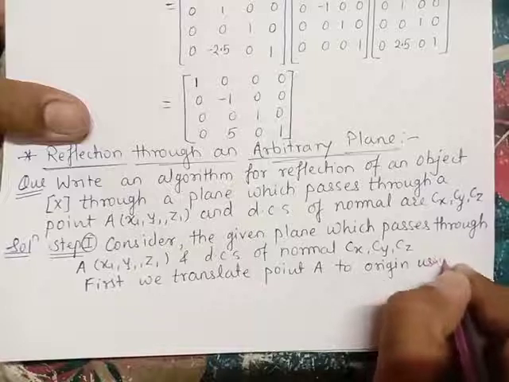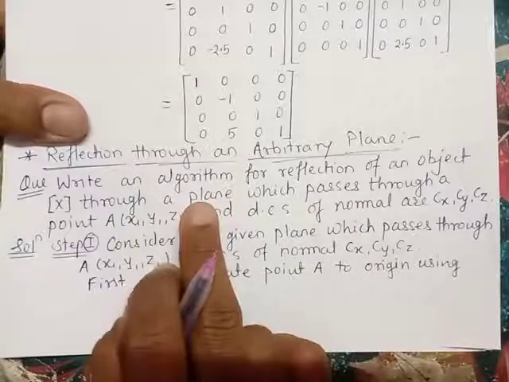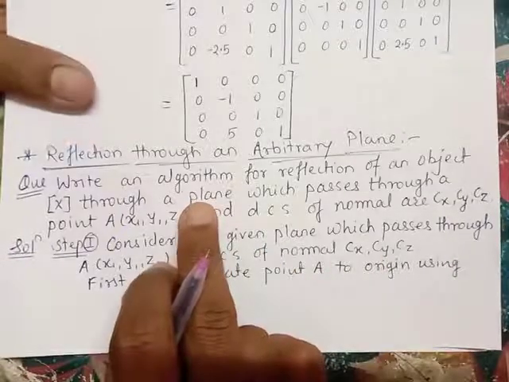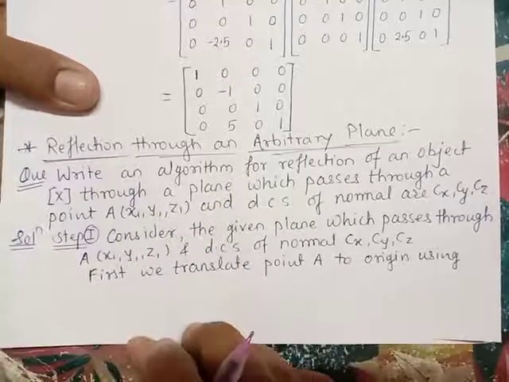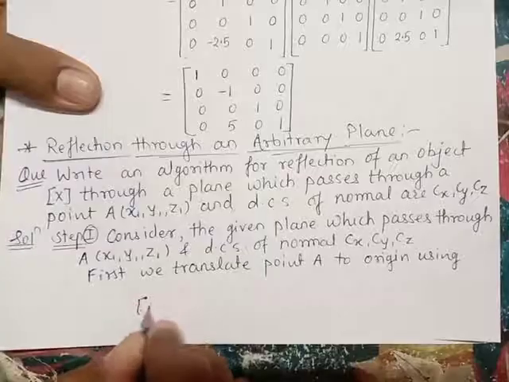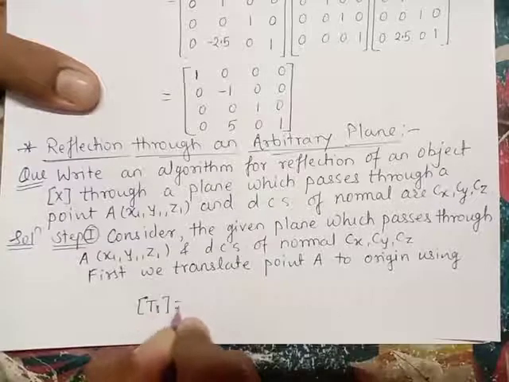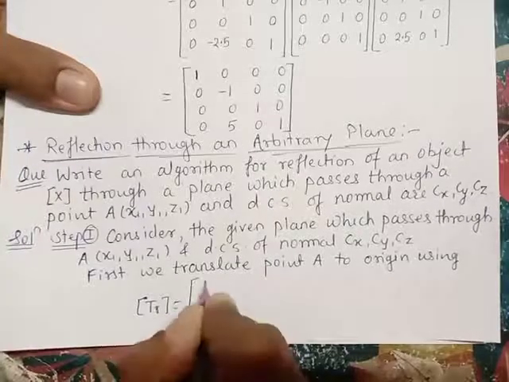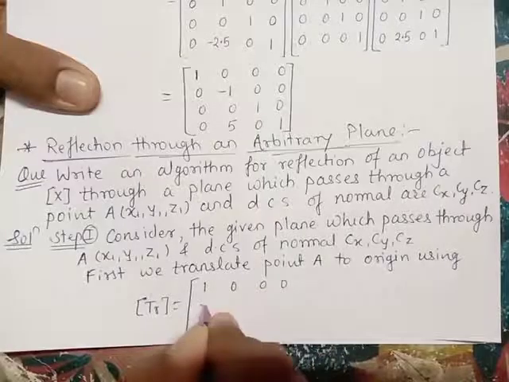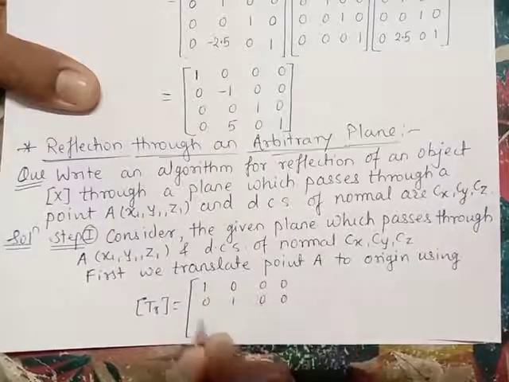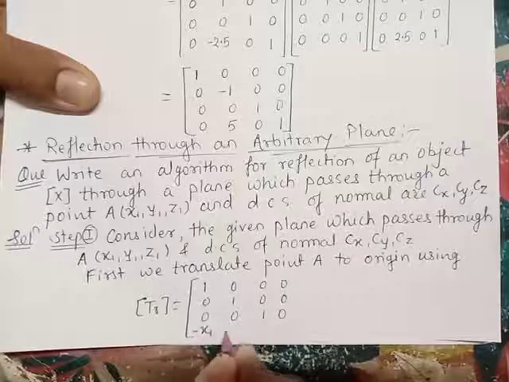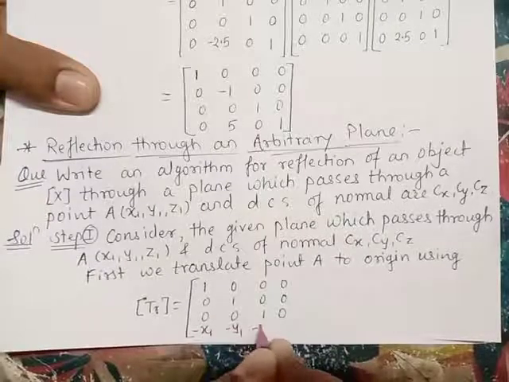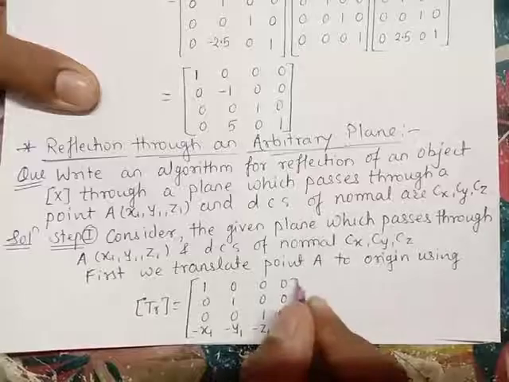A point is on that arbitrary plane, but first of all we will translate that point to origin so that the plane will be passing through origin using the translation matrix, and that translation matrix is what here? 1 0 0 0, 0 1 0 0, 0 0 1 0, minus x1 minus y1 minus z1 and 1.